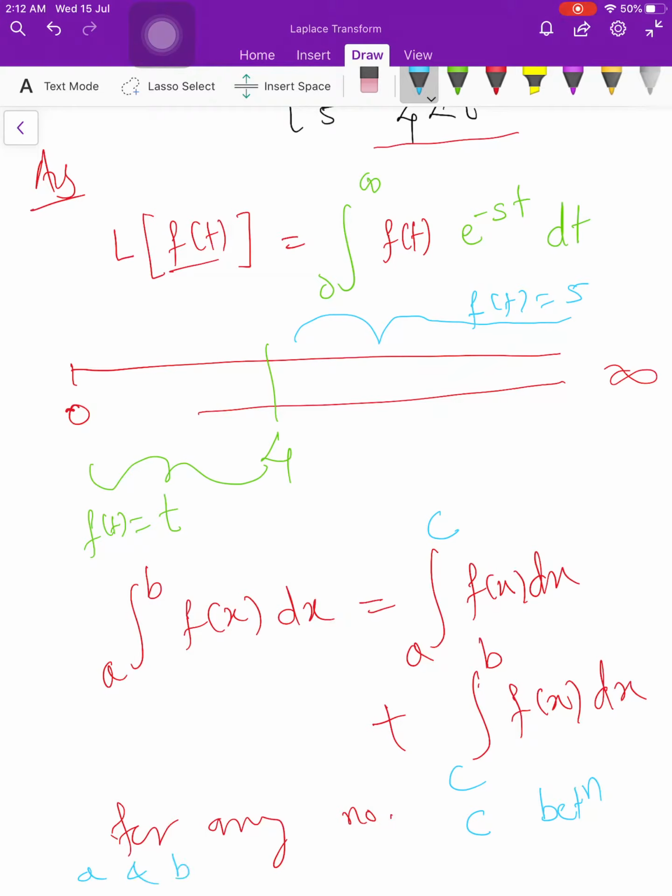So we can do this, which means the original integral will get split into two integrals.